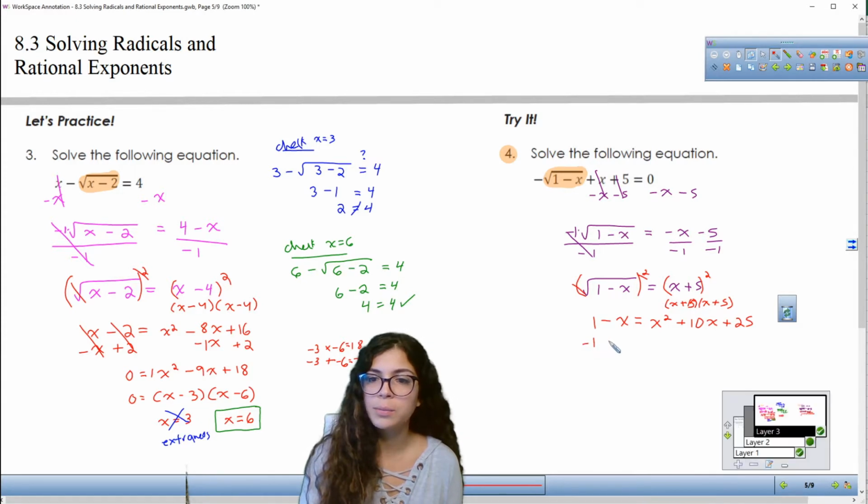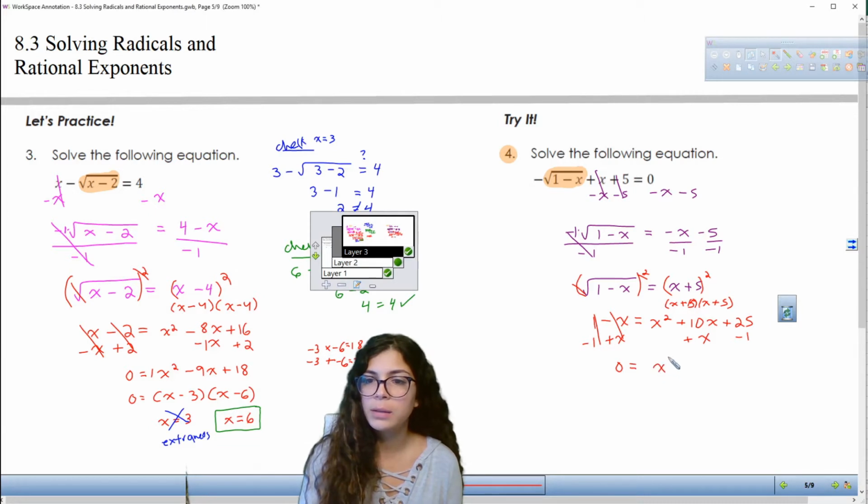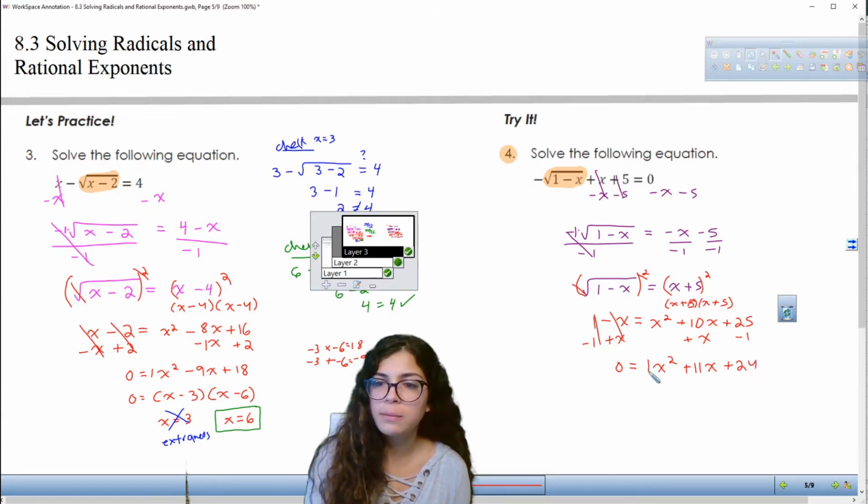All right, so we'll subtract 1 and add x. Subtract 1, add x. So we have 0 equals x squared plus 11x plus 24. Okay, let's try to factor this one to solve. So multiplies to 24, adds to 11.